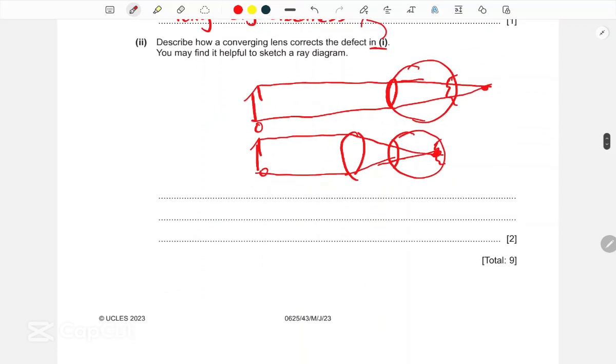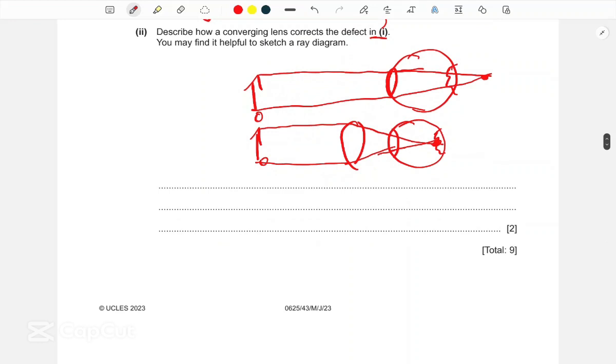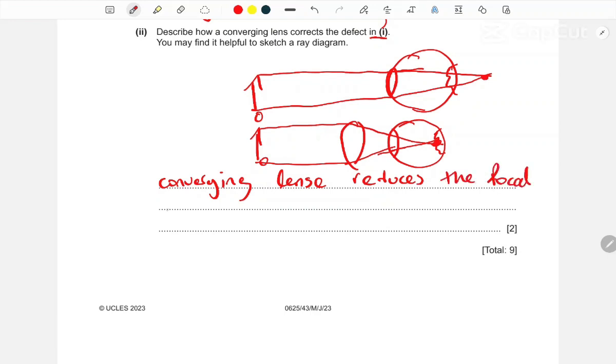So when writing it, we can say the converging lens reduces the focal length, or we can say that it brings the rays from the image closer before reaching the lens of the eye, like over here on the image.